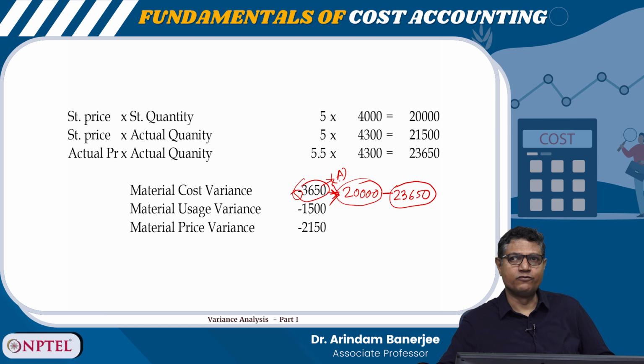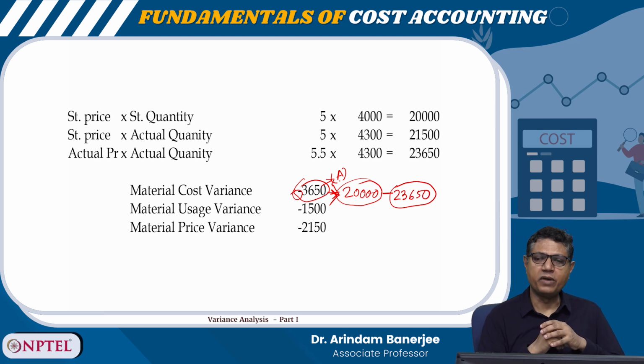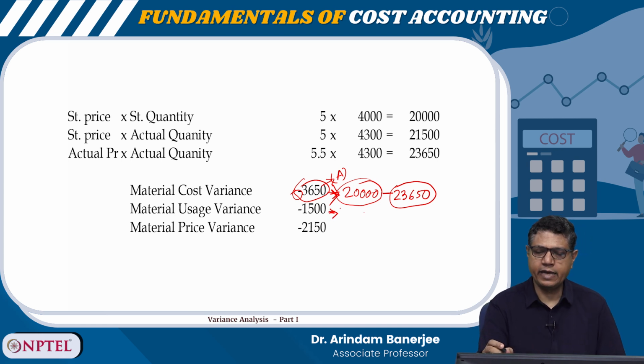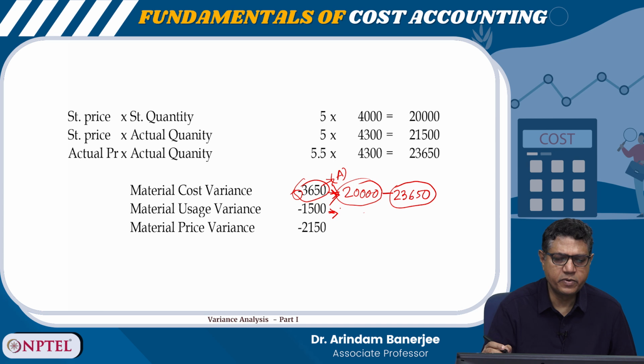There may be two reasons. One is the difference in price, right, and second is the difference in usage. We can do it in another way. See, standard price into actual quantity is 21500.